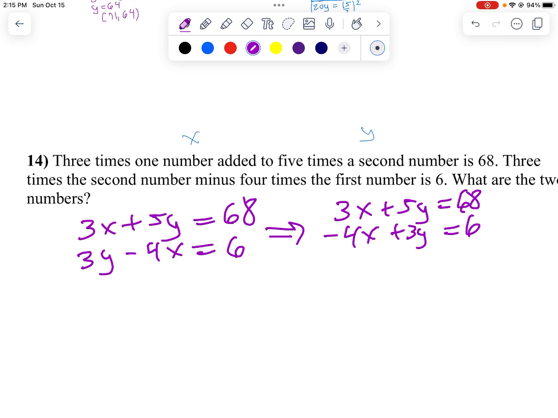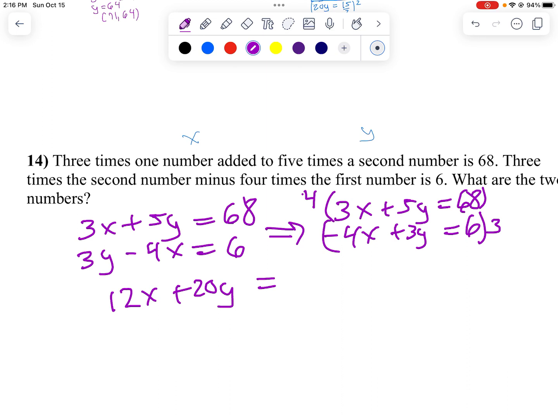Now they're in columns, but nothing matches up. I don't have a coefficient of 1, so I'm not going to use substitution. Let's use elimination. Let's get rid of the x's. So what I'm going to do is I'm going to multiply the first equation by 4. I'm going to multiply the second equation by 3, because that way they'll cancel out. So 4 times 3 is 12x plus 20y equals 68 times 4.